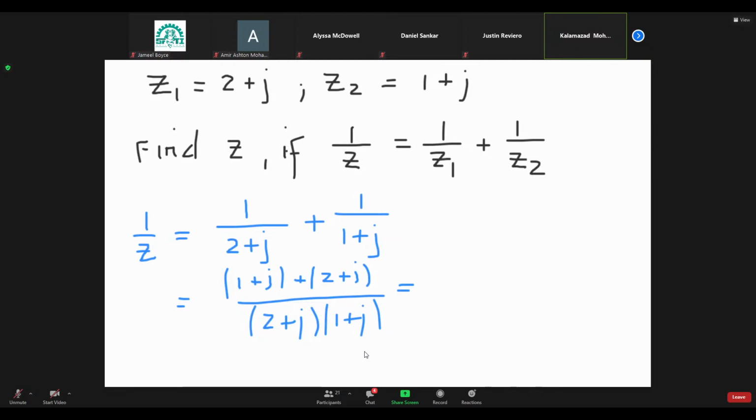Well, the top is easy. So that's 2 plus j2. Well, now you've got to multiply the underneath. All right, so you run off the working column. This is going to be 2 plus j plus 2j plus j squared, which is equal to 1 plus j3.